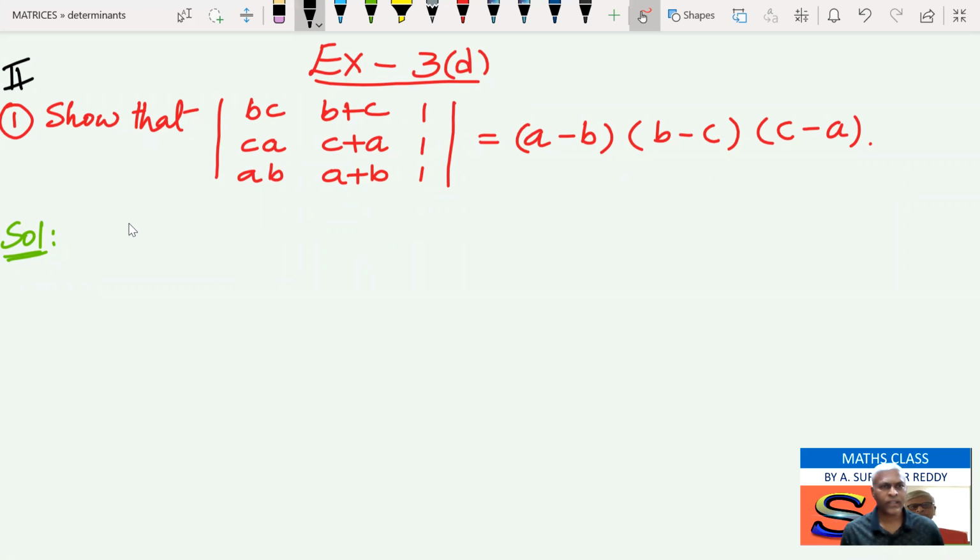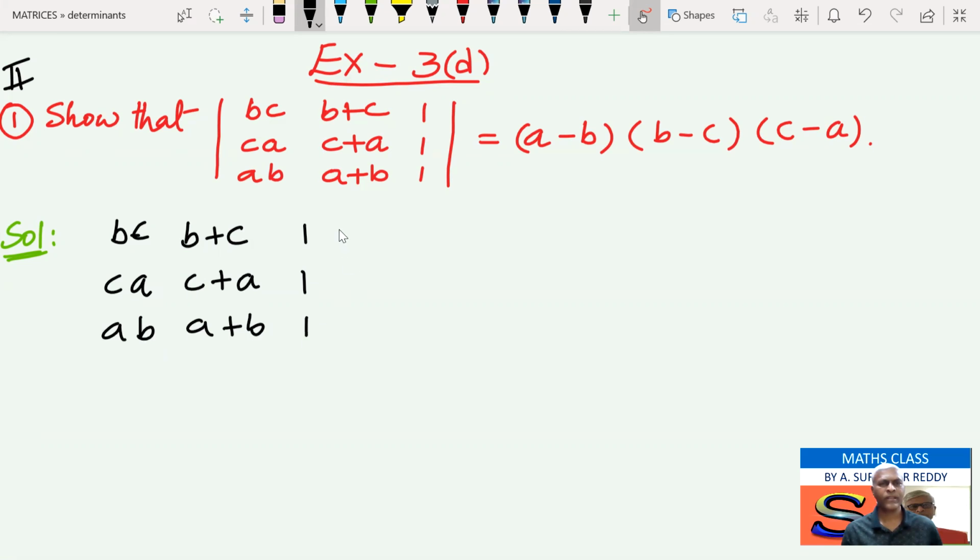So this is the determinant: bc, b plus c, 1; ca, c plus a, 1; ab, a plus b, 1. So let us take this determinant and find the right side value. This is the left side, LHS.